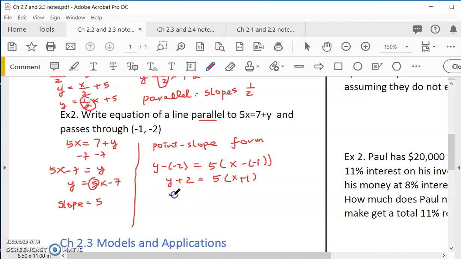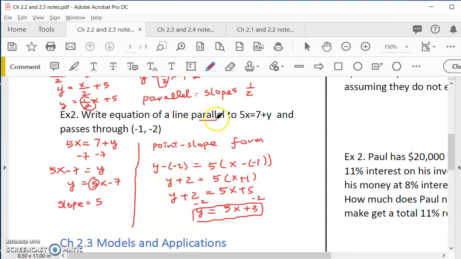Then we can simplify it as y plus 2 equal to 5x plus 5, minus 2 on both sides so that it is in really nice slope-intercept form: y equal to 5x plus 3. So this is the equation that would be parallel to the original line, but passes through (-1, -2).